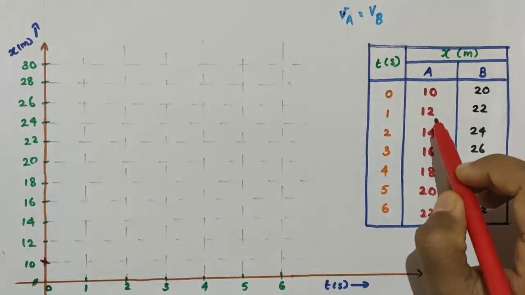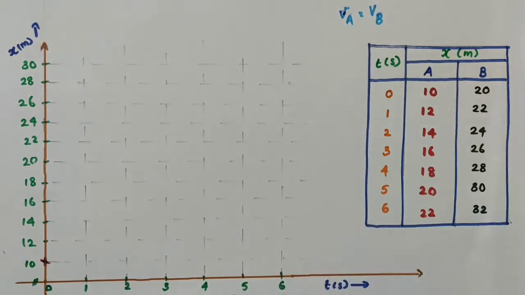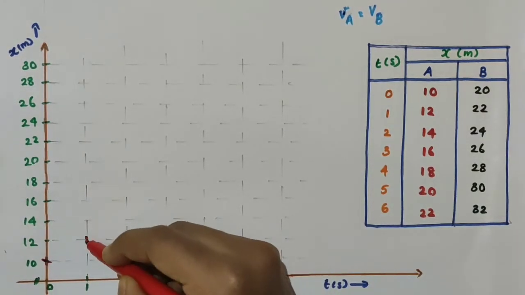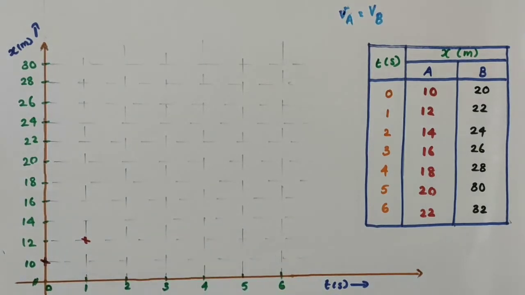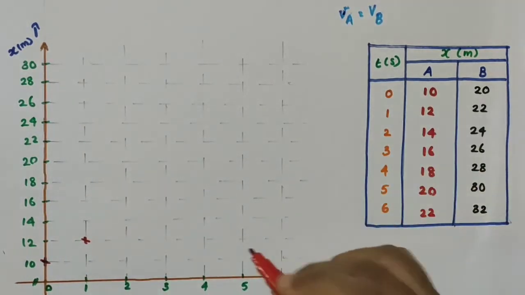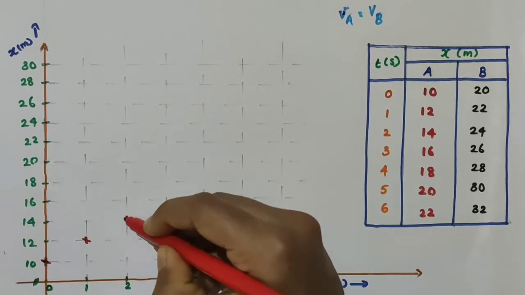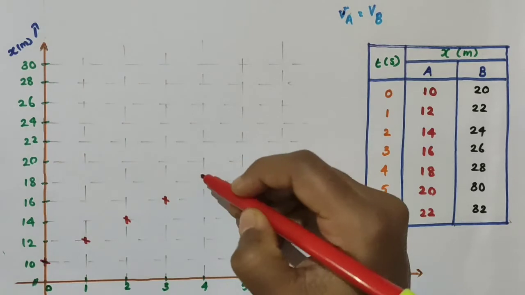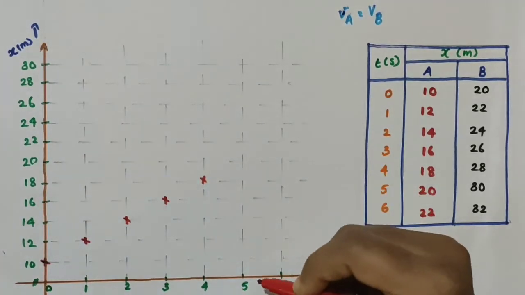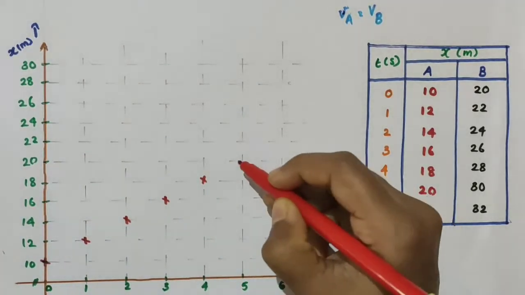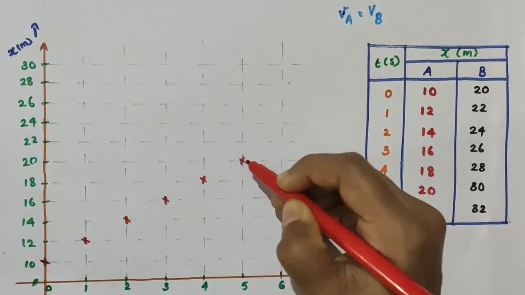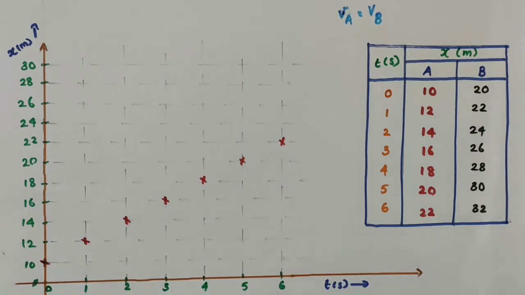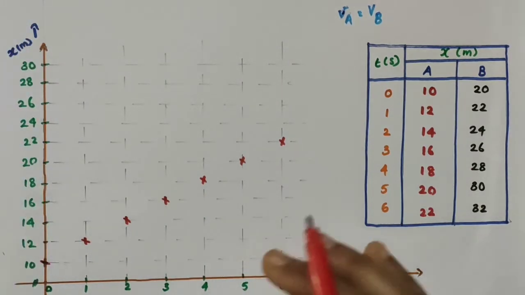At t equal to 1 second, A is 12 meters away from the origin, so we get a corresponding point somewhere here. Similarly, 2 seconds, 14 meters; 3 seconds, 16 meters; 4 seconds, 18 meters; 5 seconds, 20 meters; then 6 seconds, 22 meters, etc. Now we have so many points from this table.